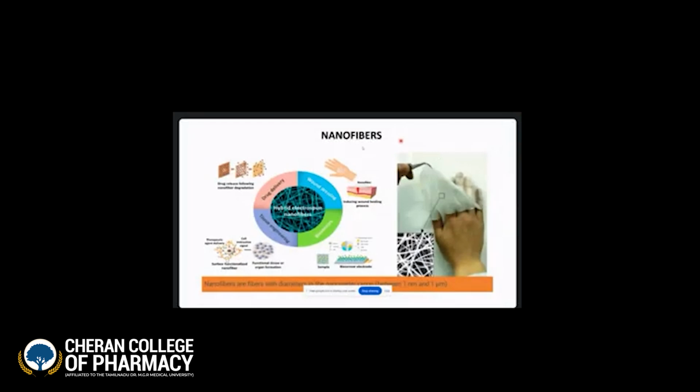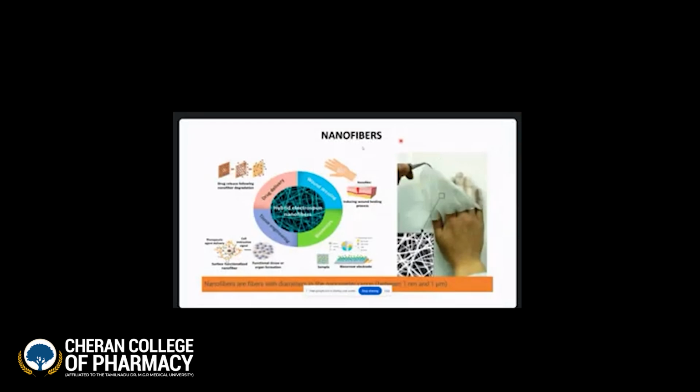Next here you can see Allium sativum and Rubia cordifolia. They are also loaded with the chitosan polymer. Chitosan also has good antibacterial activity, so they used that polymer.